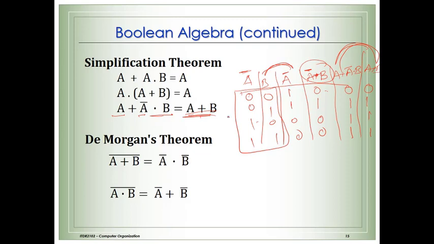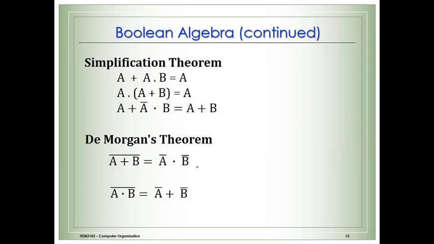This is De Morgan's theorem, and this is a very important theorem whenever you simplify any digital circuit. Okay, so here this is NOR, OR and it's not. It can be written as equivalent to A not AND B not.